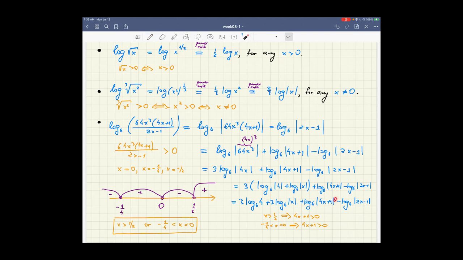So 4x plus 1 seems to be positive always. I can drop this absolute value. But I cannot drop absolute value around x, and I cannot drop absolute value around 2x minus 1.